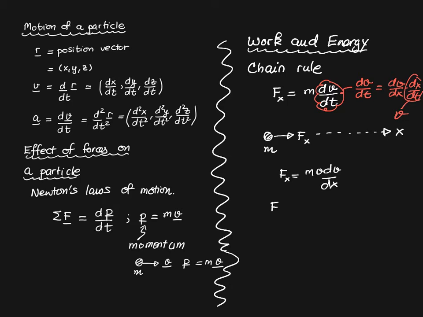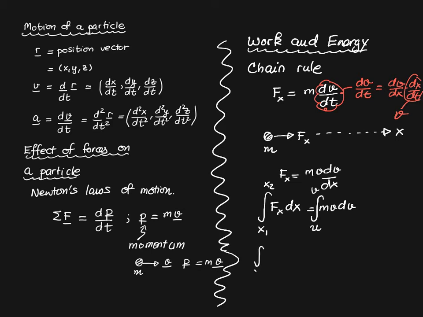Then we move the dx to the other side like this, and we integrate it from the initial position to the final position, and we integrate the velocity from the starting velocity to the final velocity.